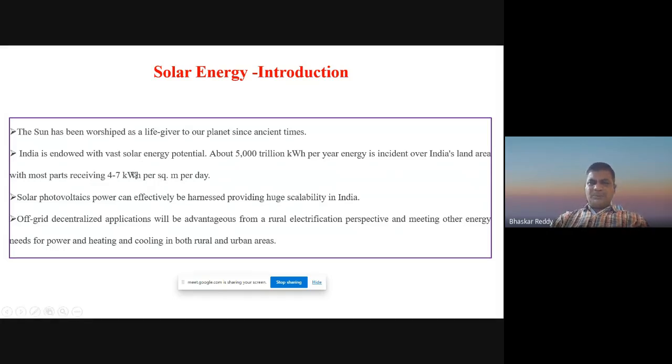For example, if sunlight falls on a 2 by 2 meter area, that is 4 square meters, you will generate nearly 16 to 28 units of electrical power per day from the solar energy incident on that land.